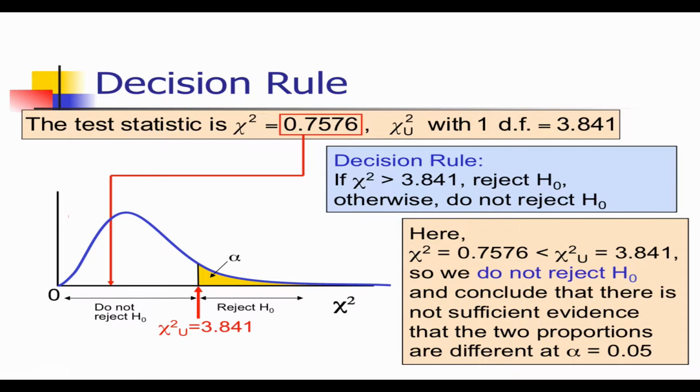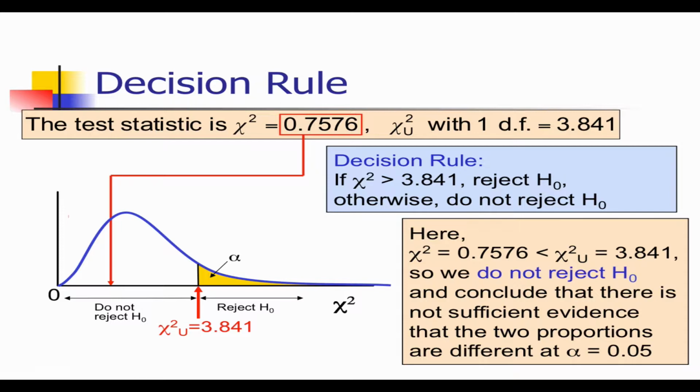This value is always obtained from this one side of the critical region. If you go to a table, you can find that the chi-square critical value equals 3.8. So if your observed test statistic is bigger than 3.8, you reject the null hypothesis. Otherwise, you do not reject.